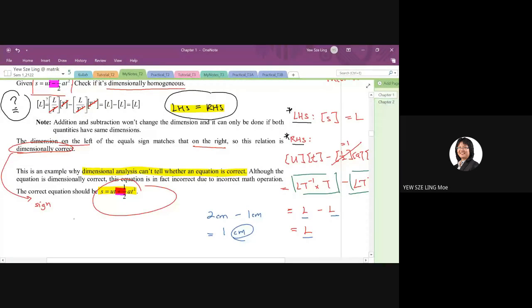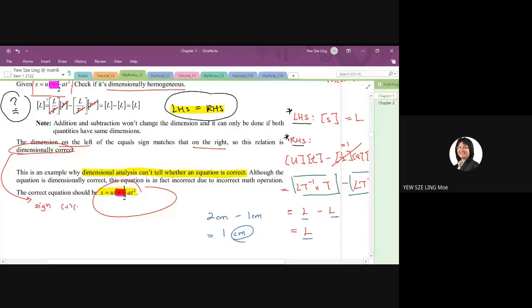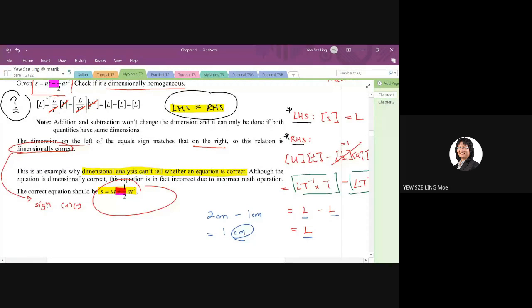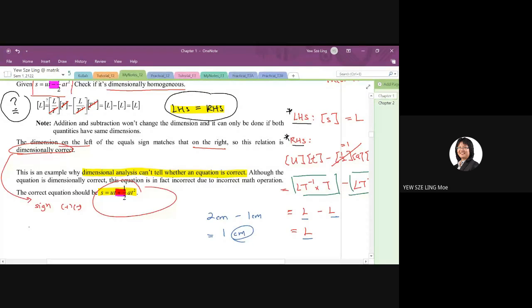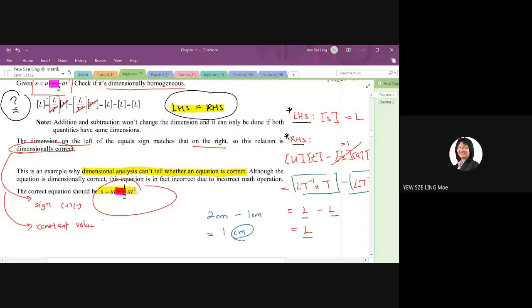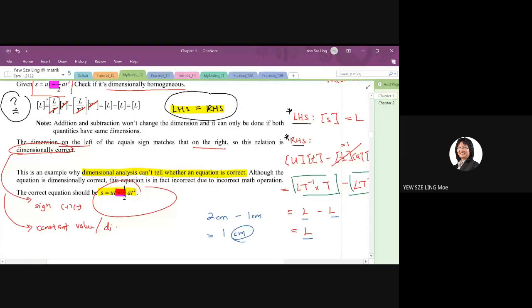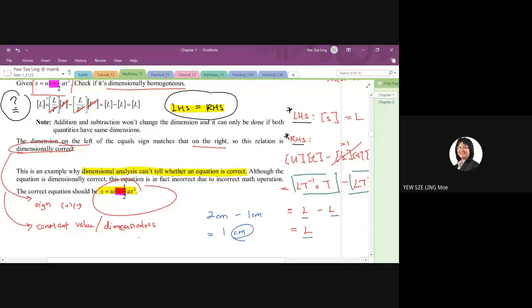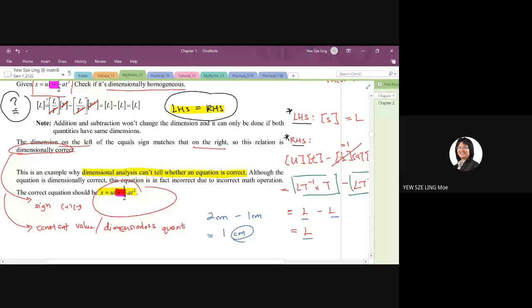Okay, you cannot check whether the plus minus sign is correct or not in an equation. The second thing, you cannot check whether the constant value is correct or not. Constant value, or we say dimensionless quantity. Okay, dimensionless quantity. So you cannot tell whether the half in the equation is correct or not.